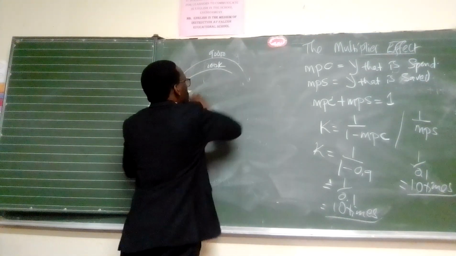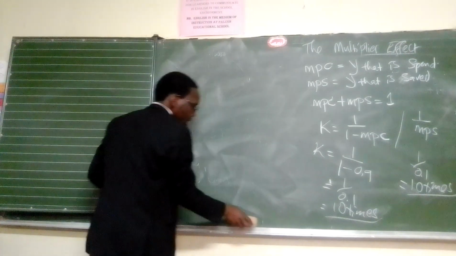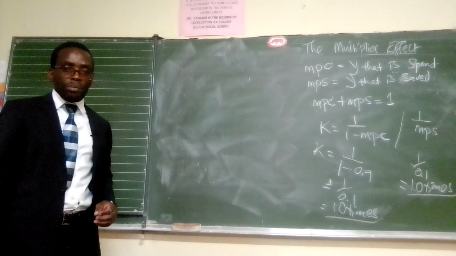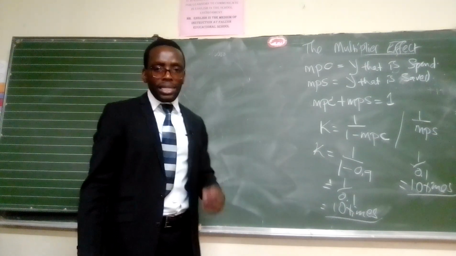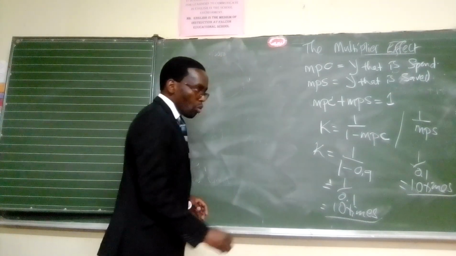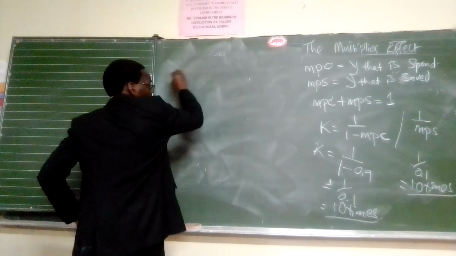Now, this one was a two-sector model. Let me introduce the third participant in a domestic economy, which is our government. When government intervenes, they are going to intervene through taxation, and they are going to impose what is called the marginal rate of taxation. That's what we are going to be looking at.